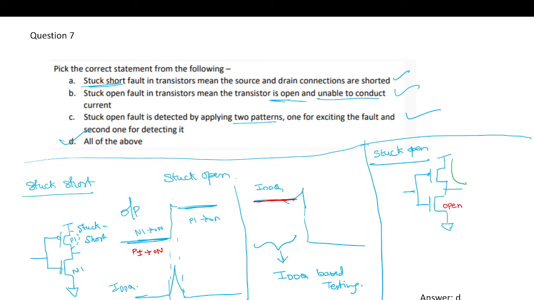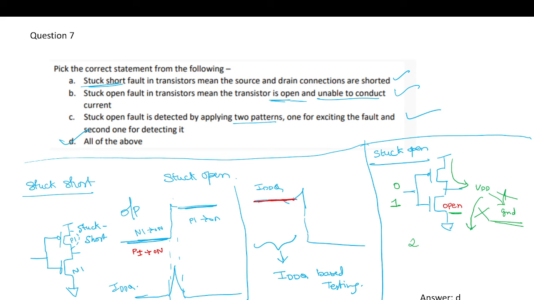I charge this node: I apply a 0 here and charge this node to VDD. Now the next vector I apply is 1, and I try to discharge through this node. But as it is open, it will not have this path, so this cannot be discharged from VDD to ground. In this way, we can detect this fault.